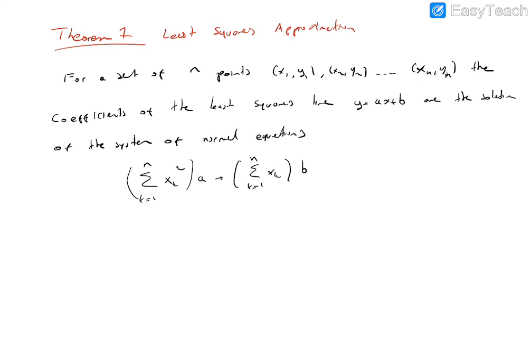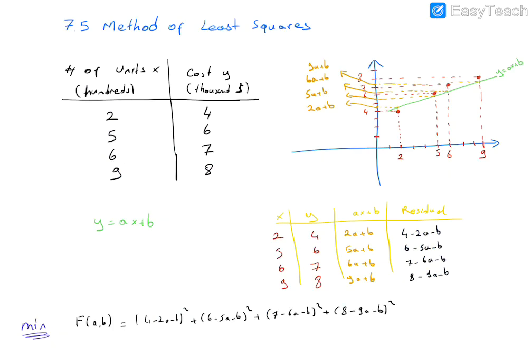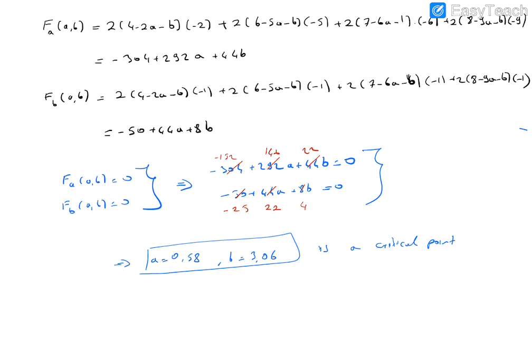I will solve some questions in the lecture by using this formula, equal to the summation of xk yk, okay. So if you look here, this is the summation of the square of xk. This is the summation of xk. So 304 is the summation of xk times yk, okay.